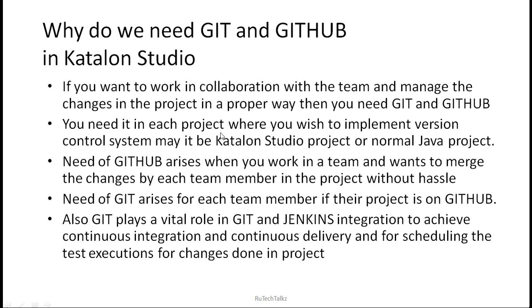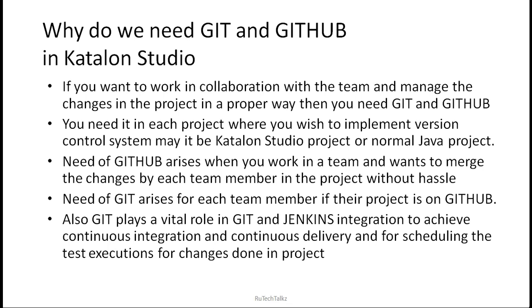So why do we need Git and GitHub in Katalon Studio? If you want to work in collaboration with the team and manage the changes in the project in a proper way, you need Git and GitHub. You need it in each project where you wish to implement a version control system, may it be a Katalon Studio project or a normal Java project.